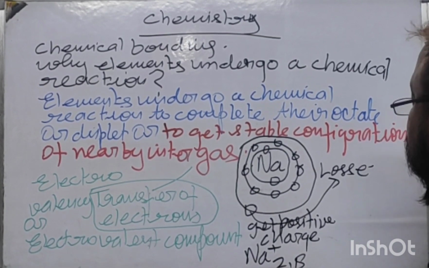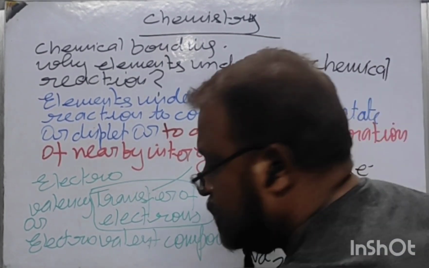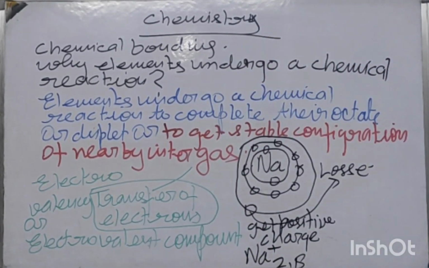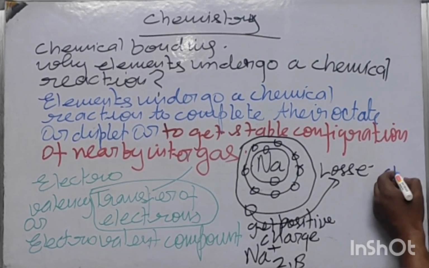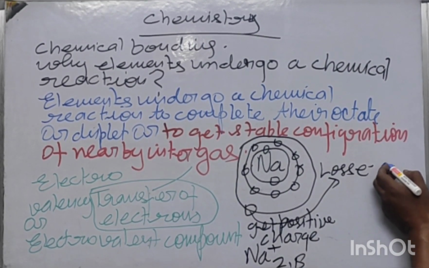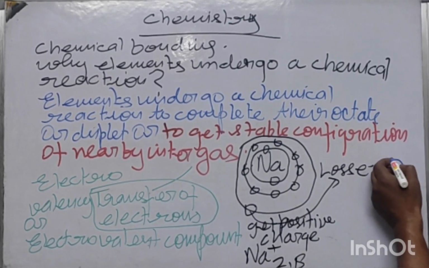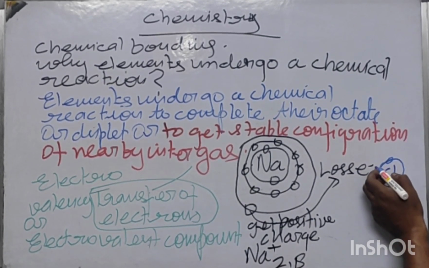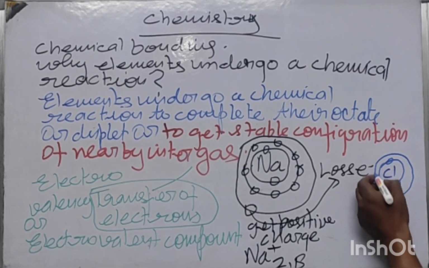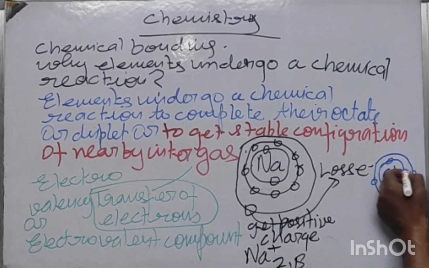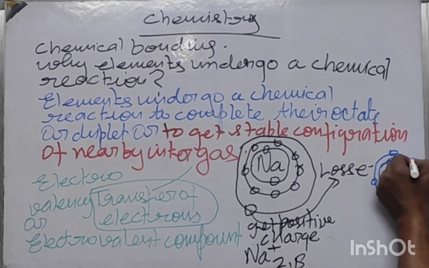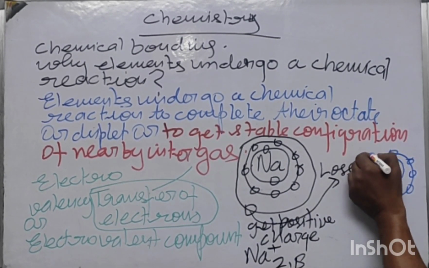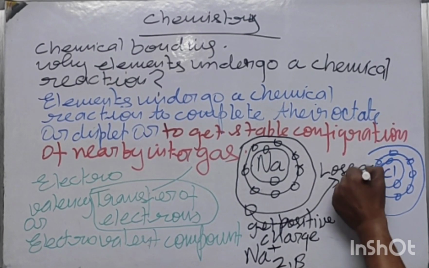Similarly, chlorine has seven electrons. Chlorine has atomic number 17. So in the first shell it has two electrons, in the second it has eight electrons, and then it has seven electrons.